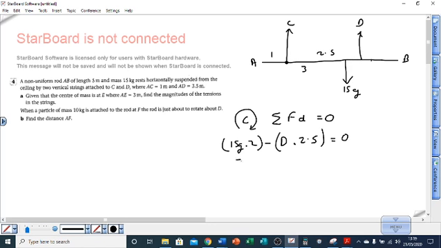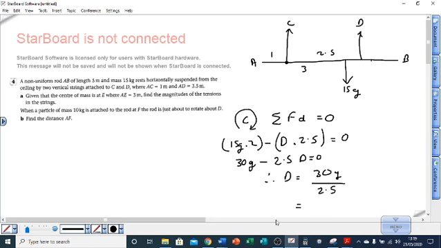So we've got basically 30g minus 2.5D is equal to 0. Therefore, D is equal to 30g divided by 2.5.